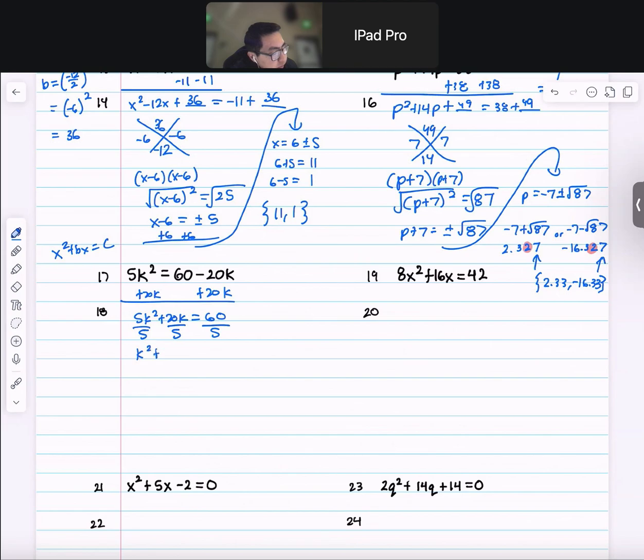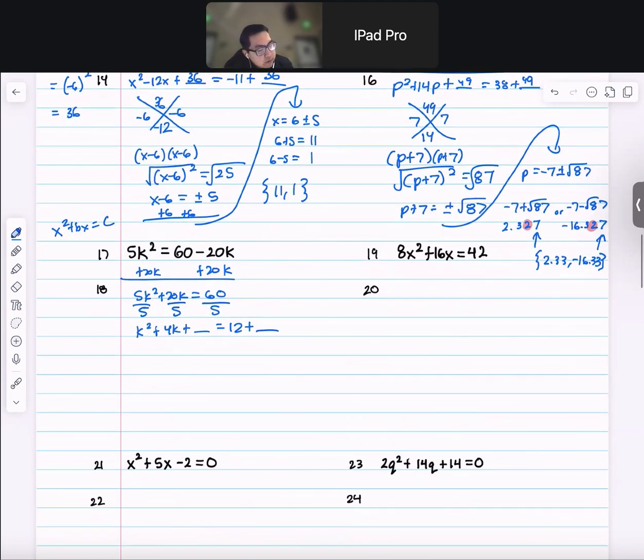So k squared plus 4k plus placeholder equals 60 divided by 5, which is 12, plus placeholder. Okay, now we need to complete the square, so take your b value, divide that by 2 and raise it to the second power. 4 divided by 2 is 2. 2 squared is 4. So 4 is going to help us complete the square.